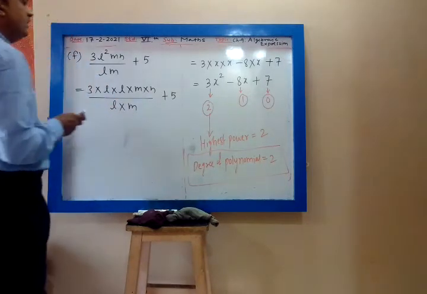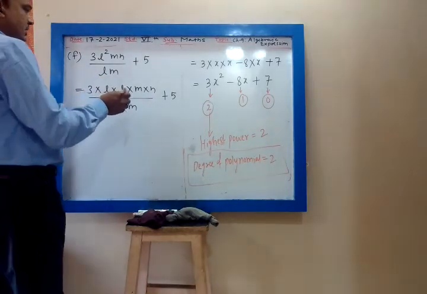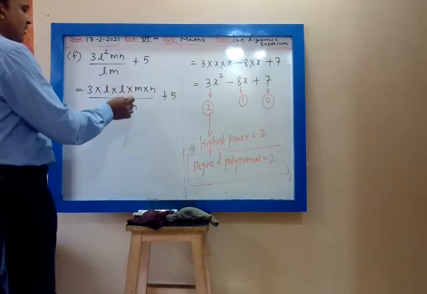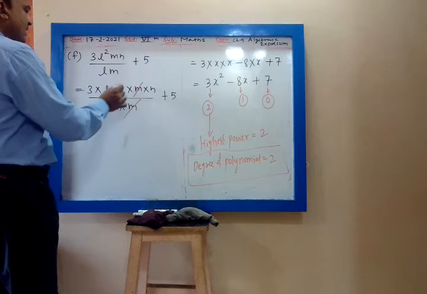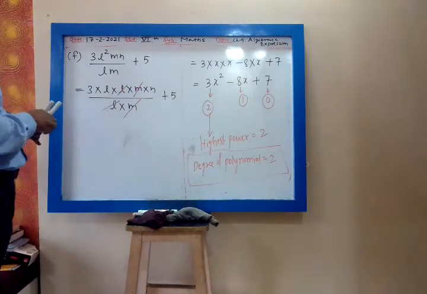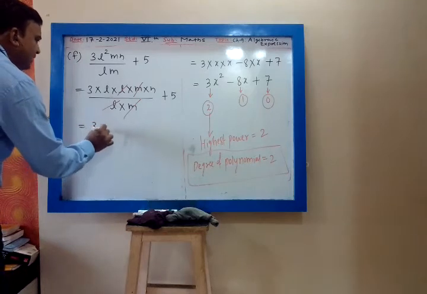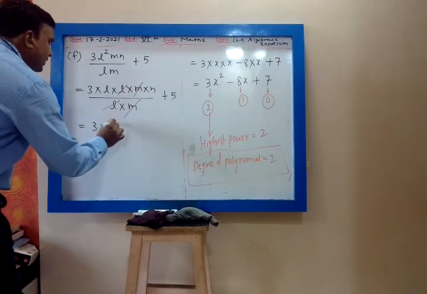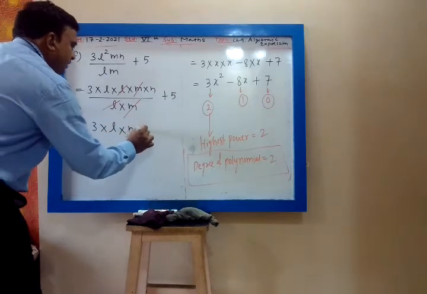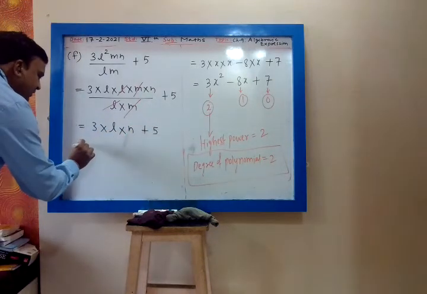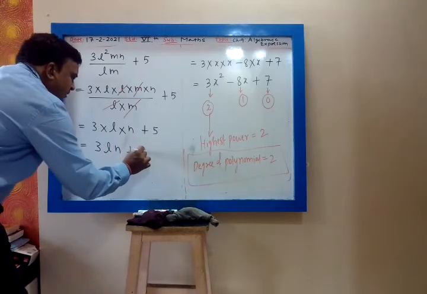Now you cancel the common term. M gets cancelled. Then one L gets cancelled. Then what is left? 3 into L into n, plus 5. Then this I can write as 3ln plus 5.